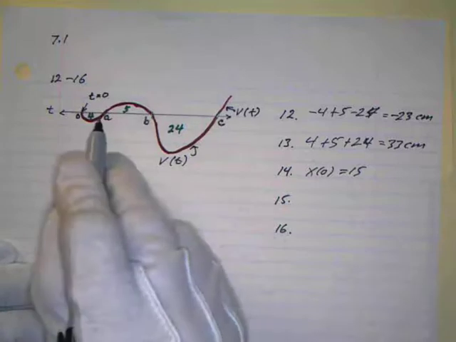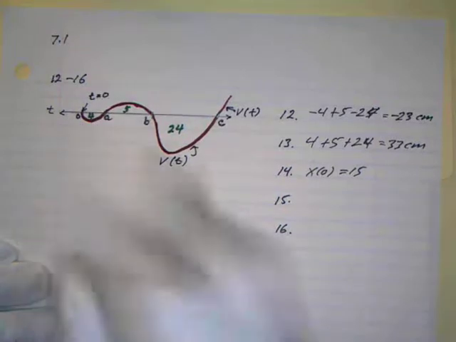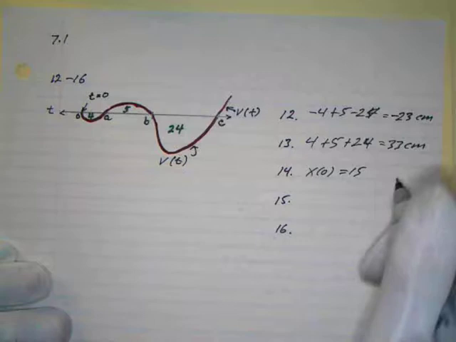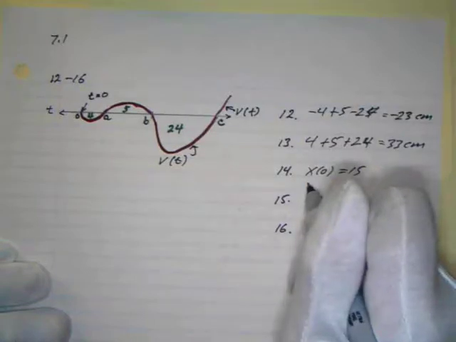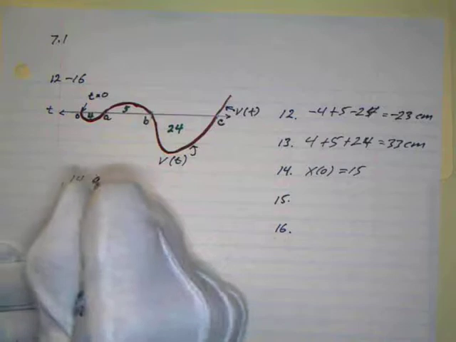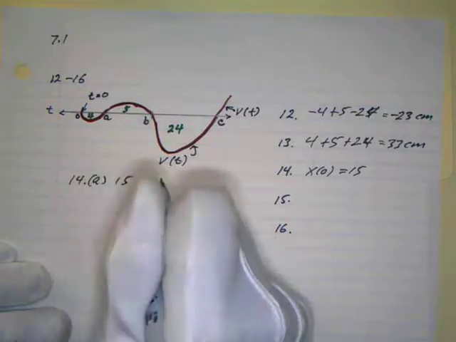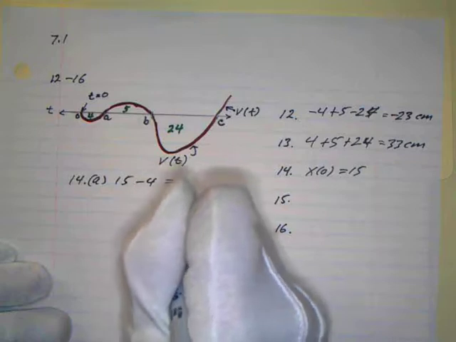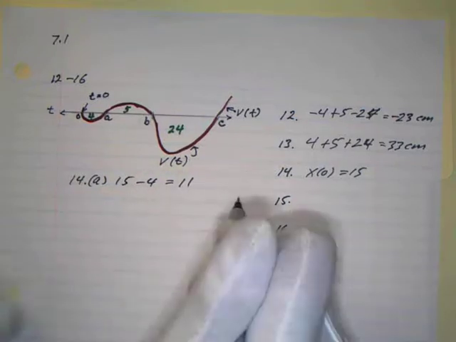So at A, I started at 15 and then I go to the left 4. A will be 15 minus 4, so that will equal 11. So that's my position, 11 centimeters.